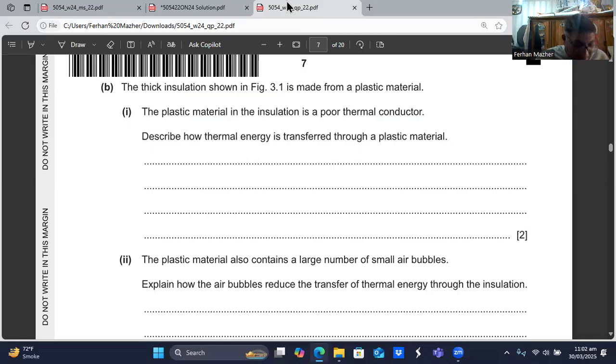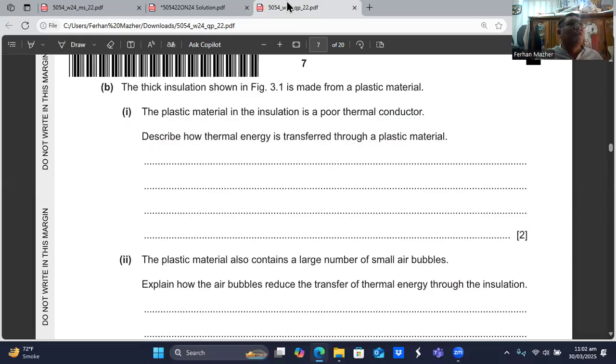Because the plastic has particles which are close to each other. So the particles which will be at a hotter end will absorb the thermal energy and start vibrating vigorously. The amplitude of their vibration will increase.